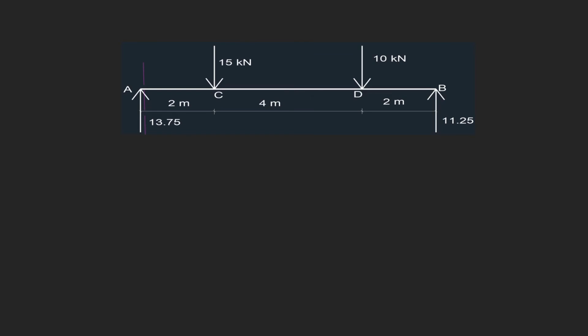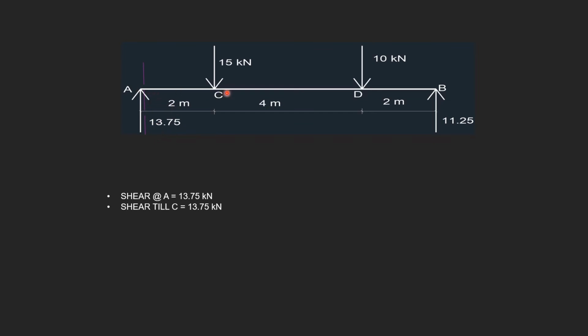So let's start with shear force at A. So consider a section just after the point A. So here there is only one load, that is 13.75. So the shear at A will be 13.75.